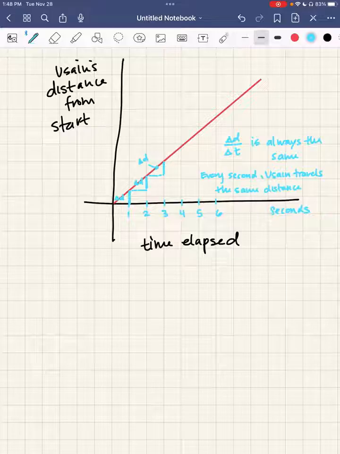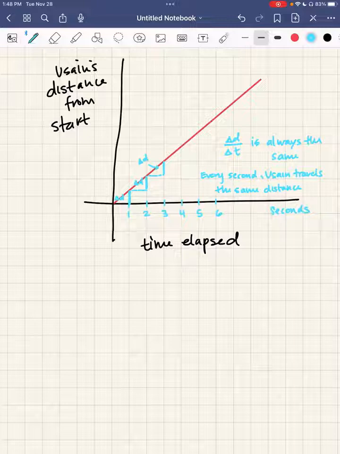And so if I draw a straight line, we are saying that that relationship is proportional. We are saying that the ratio of the change in distance to the change in time is always going to be the same. That may or may not be true, but that's what we're stating.